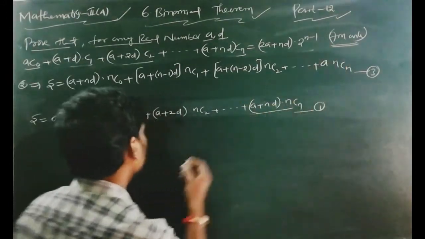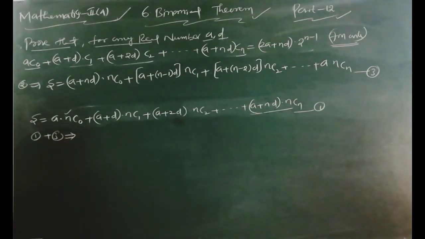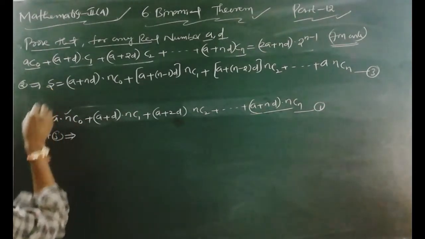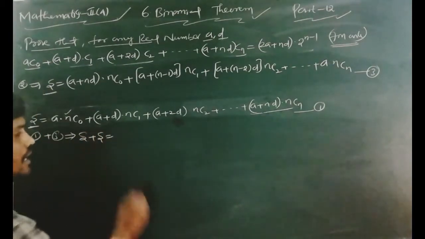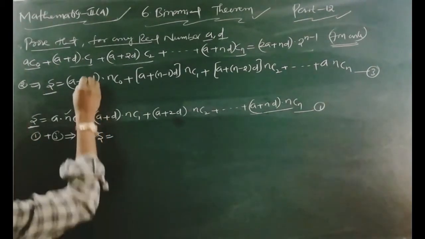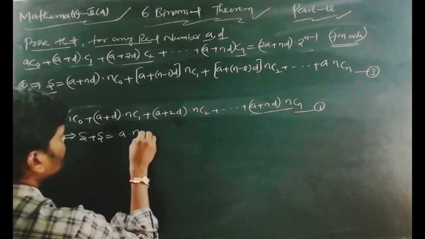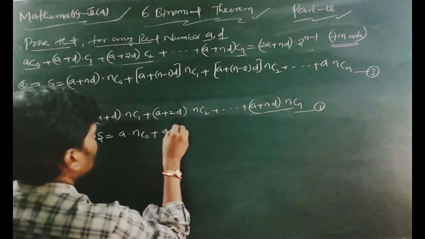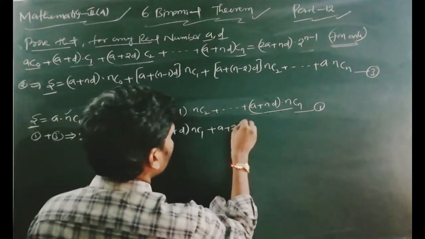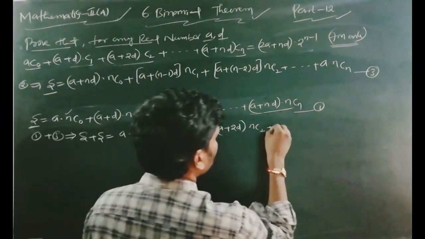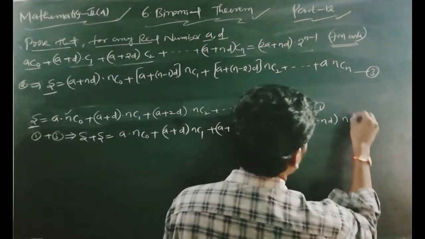Adding 1 and 3: what is the LHS part of 1? Yes. RHS part of 1? Yes. S plus S is equal to, first write down the RHS part of equation 1: a into nC0 plus (a plus d) into nC1 plus (a plus 2d) into nC2 plus and so on, (a plus nd) into nCn.